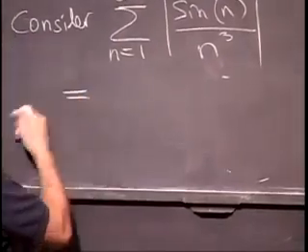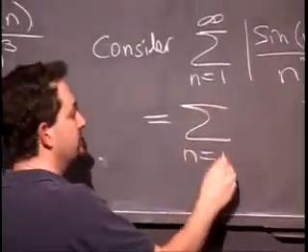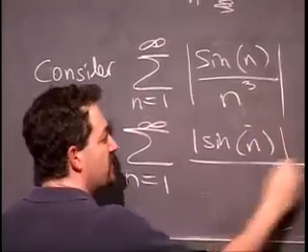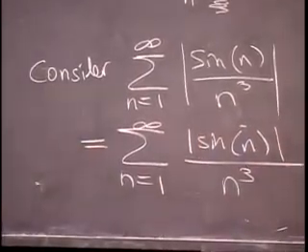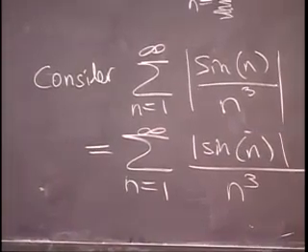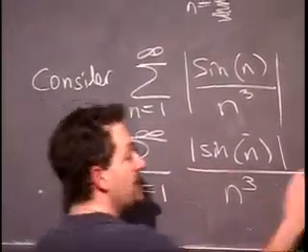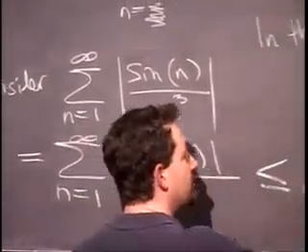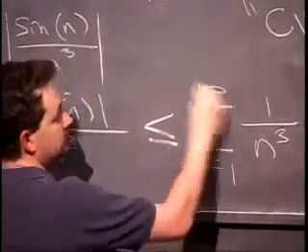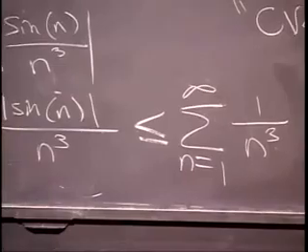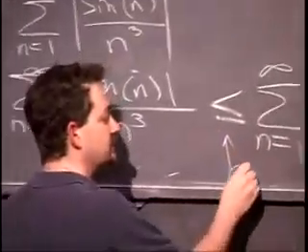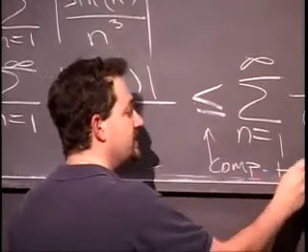Well, this clearly equals the absolute value of sine n over n cubed, because after all, n cubed is positive when n is positive. Sine n is less than or equal to 1. So we're going to use direct comparison with 1 over n cubed. And we're allowed to do this now because everything is positive. The comparison test needs everything to be positive.